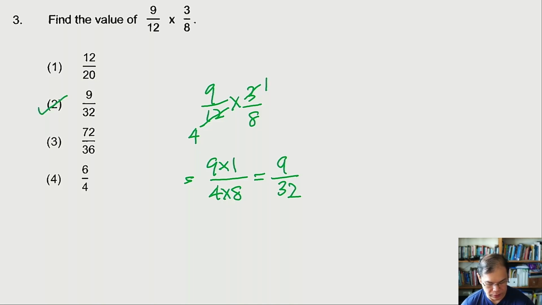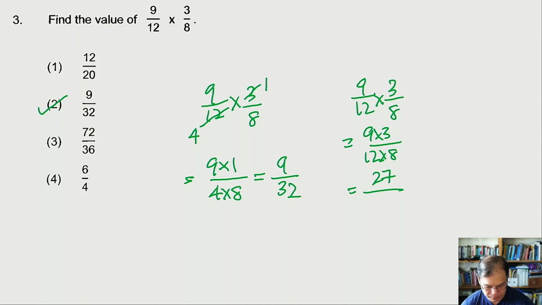Okay, but if you cannot remember how to do cancellation, you can still do the normal fraction multiplied by fraction. So 9 multiplied by 3, 12 multiplied by 8. 12 multiplied by 8 is 96.